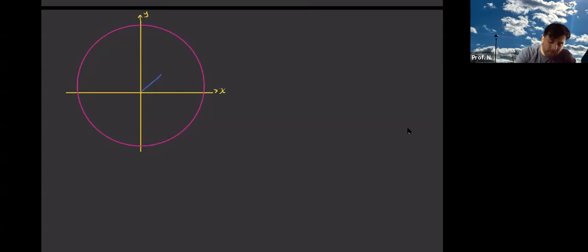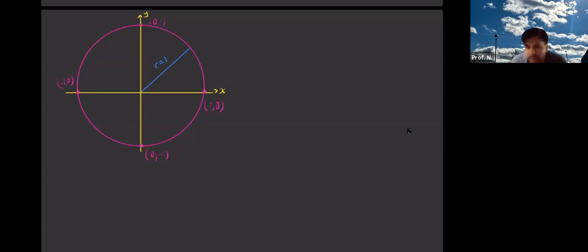The center is 0, and it has a radius of 1. And I know the coordinates here. I know this is 1, 0. This is 0, 1. This is -1, 0. And this is 0, -1.